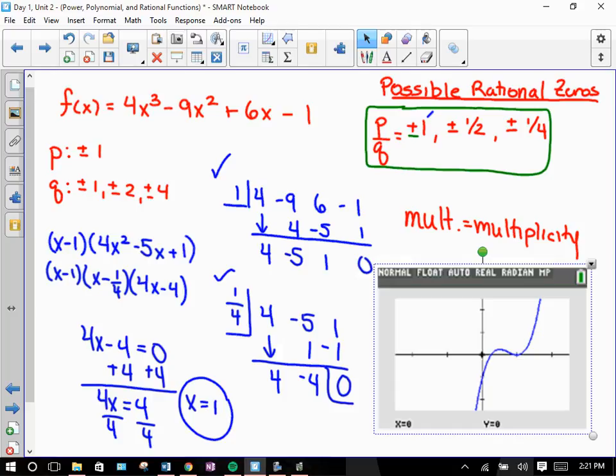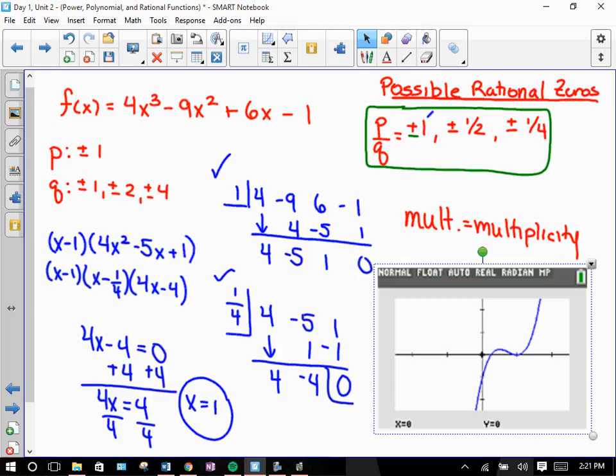So what we notice is we have a multiplicity of 2. We'll talk about this a little bit more on Wednesday.